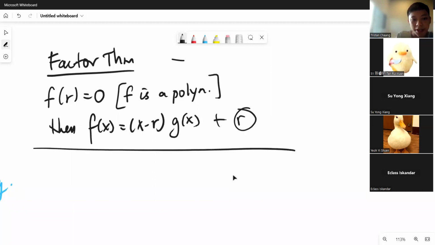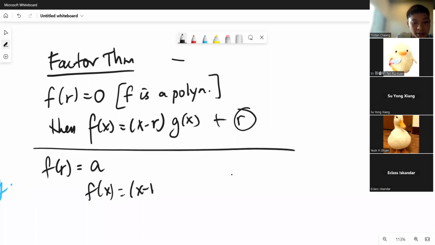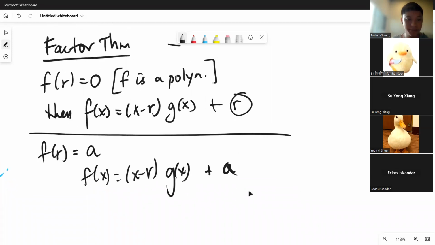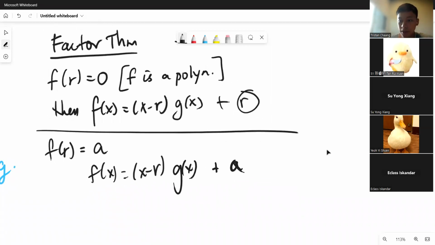Okay, and a more generalized one is where if f(r) equals a, then f(x) equals x minus r times g(x) plus a. Same thing, you just use the division algorithm to prove this. So that's the remainder theorem.